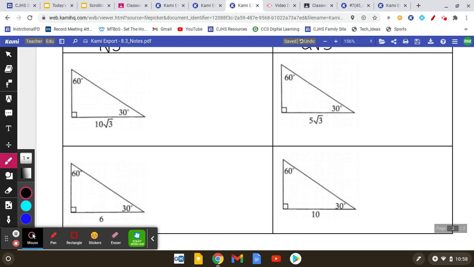How are we going to find the short if we have the longer leg? Divide by square root 3. Can we do that in our head? Okay, what's the short leg? 10, good. And then how do I go from the short leg to the hypotenuse? Multiply by 2.